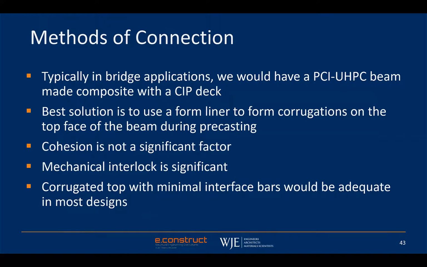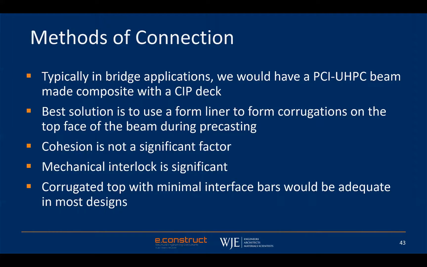Methods of connection: typically in bridge applications, we would have a PCI HPC beam made composite with a cast-in-place deck. It's not what I would recommend, but that's what a lot of people would want to do. In the Midwest, where you have snowstorms and de-icing chemicals, you need the UHPC in the deck more than anything else.